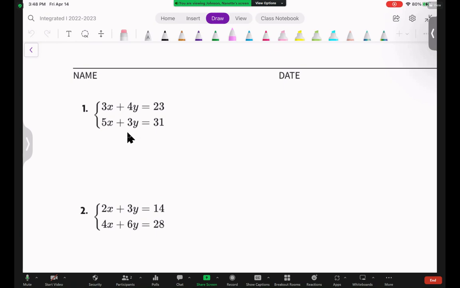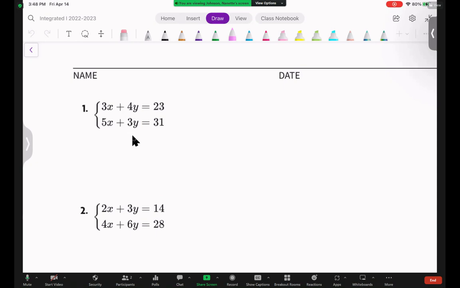And in this case, I'd probably eliminate y because if I think about what number 4y and 3y go into, what number does 4 and 3 go into? That's a lot smaller than this number over here. And not a lot smaller, just smaller.